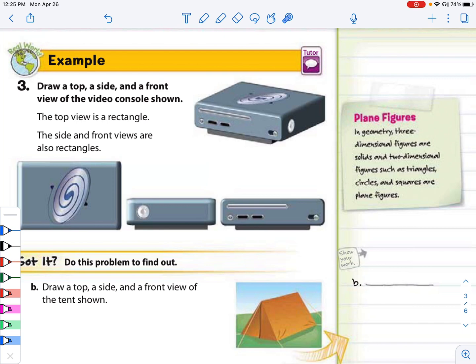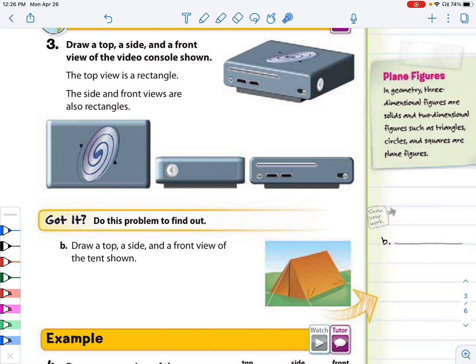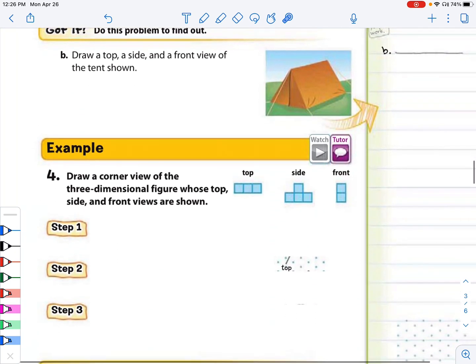If you notice, I am looking at it from a corner, and this is my top view. This is my side view, and this is my front view right there. Let's see if you understand this by doing guided problem letter B.